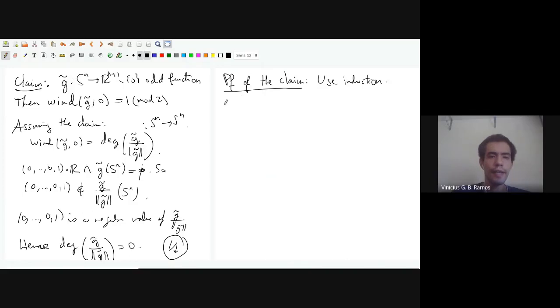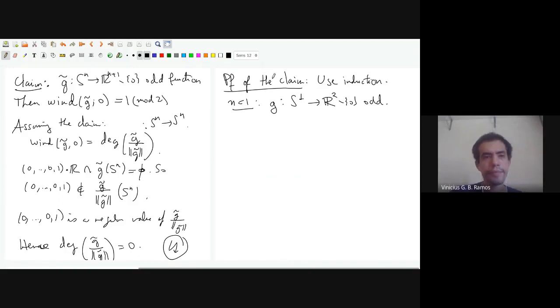So first, the case n equals 1. Let me just drop the tilde, and I'm going to say g is a function from S1 to R2 minus 0, which is odd.